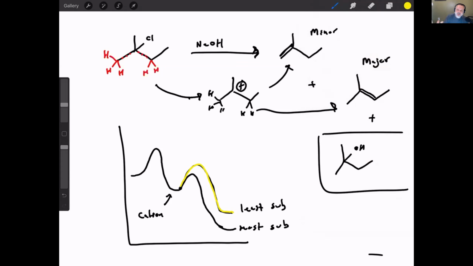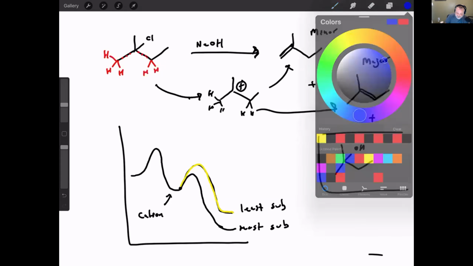Since it's slower, it forms that product in lesser quantities. It's that same sort of reasoning, the same sort of energetic considerations we've been using as before. The higher the energy of the transition state, the slower that reaction. The slower that reaction, the less of that product is formed. Right? So this is that regioselective consideration.